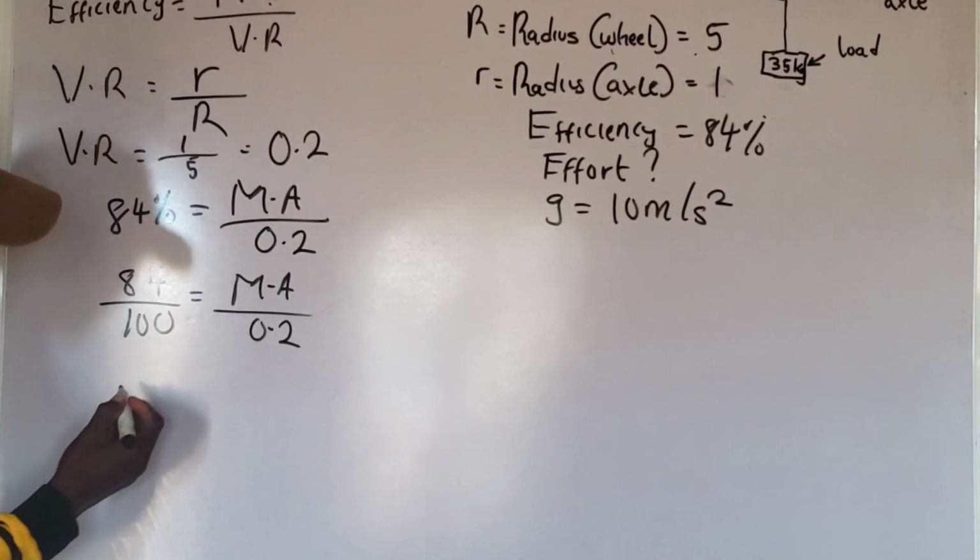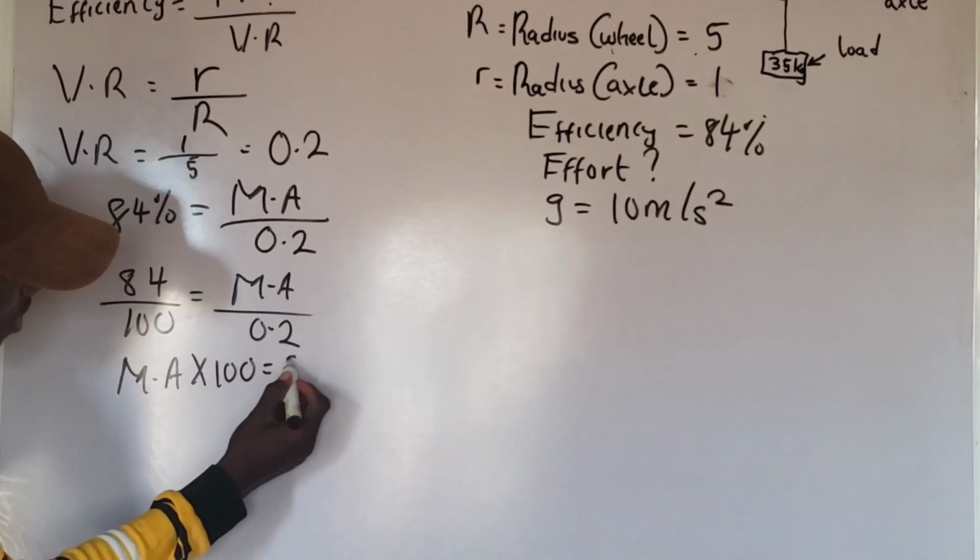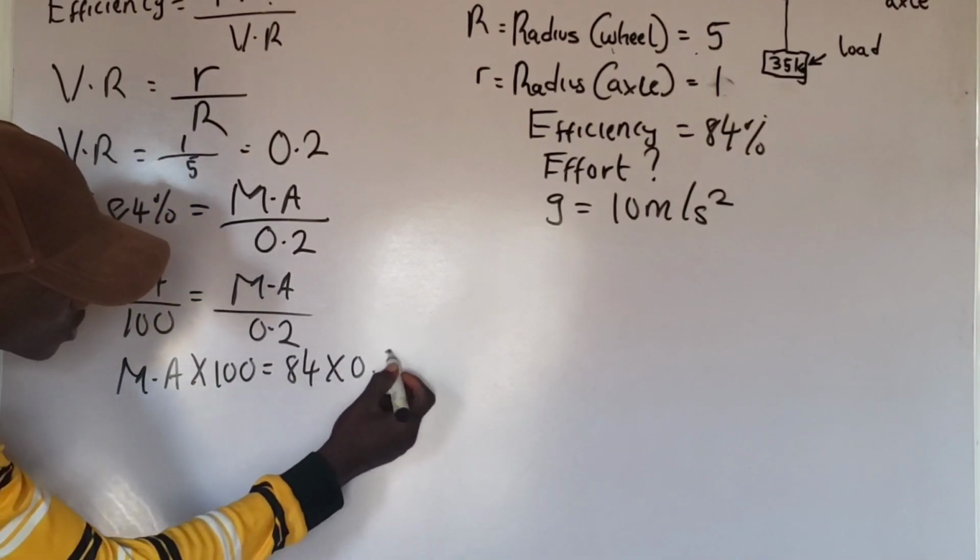Okay? Take the cross product. I'm going to have mechanical advantage multiplied by 100 equals 84 multiplied by 0.2. You understand?